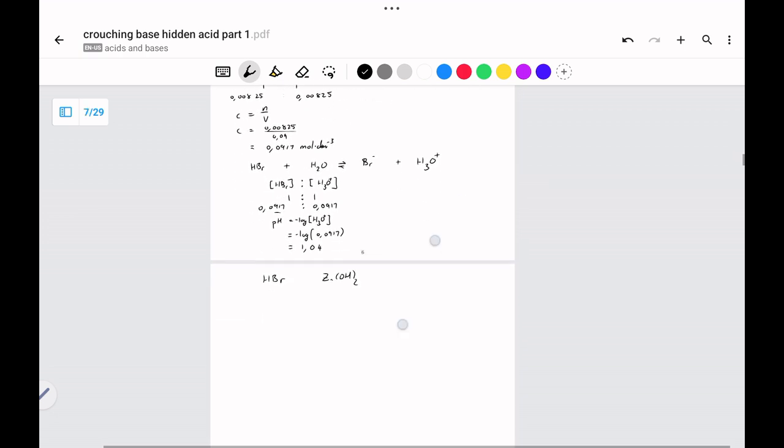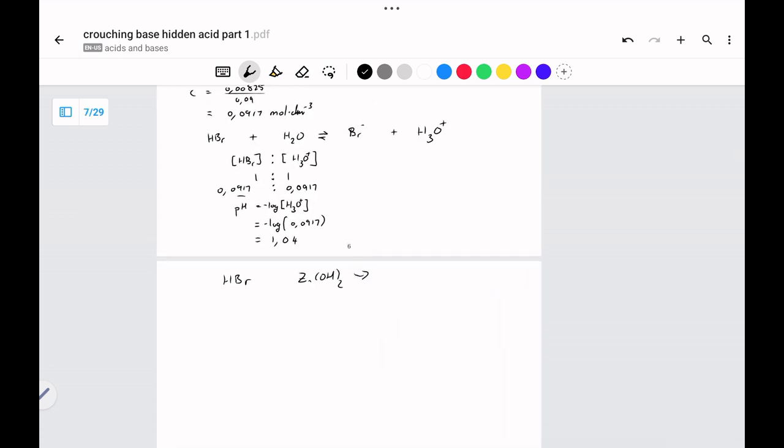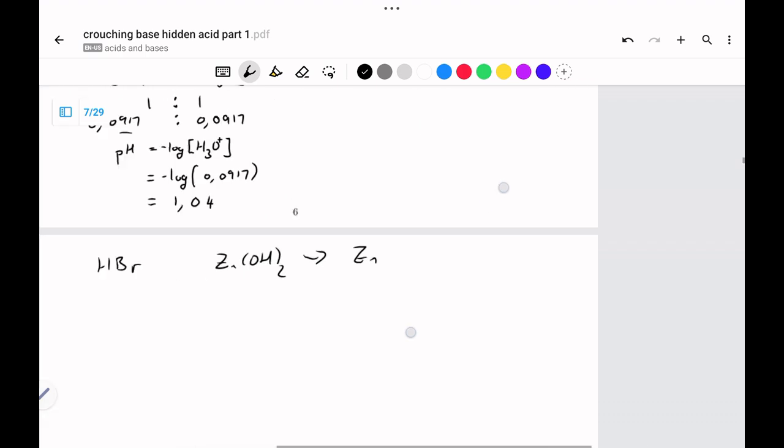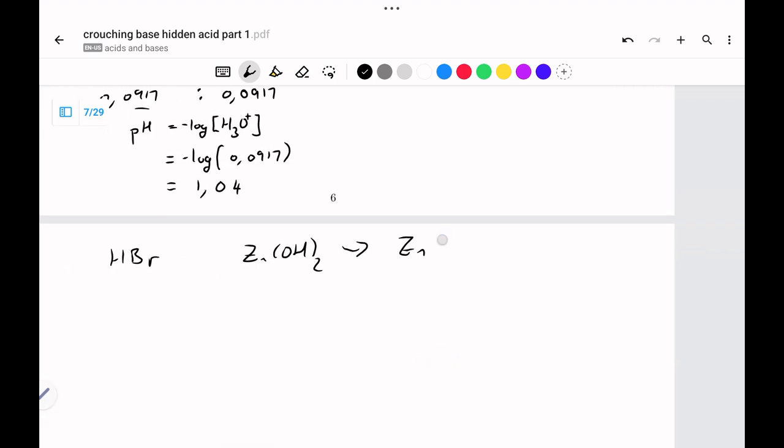It goes to ZnBr2 plus H2O, and then just check that this is balanced. We need 2 of these. For 2 bromines, 1 zinc, and then we need a 2 over here.